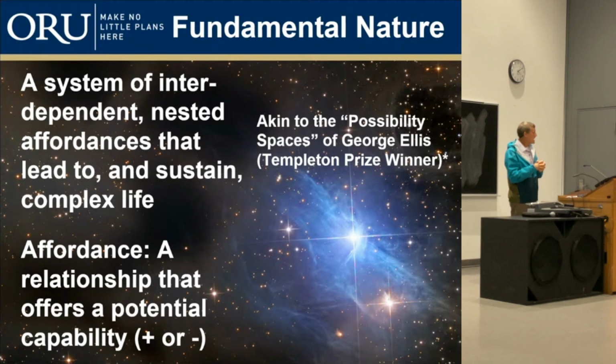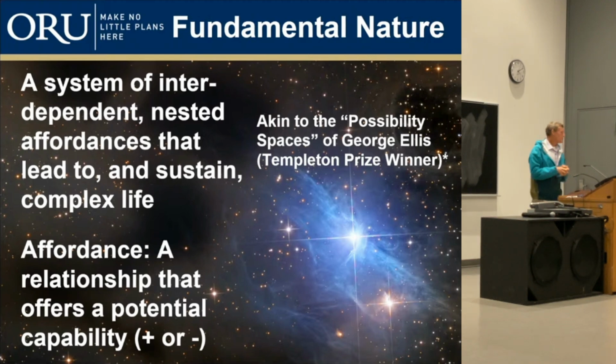And I see this as very much related to this idea of the universe being a system of interdependent nested affordances. That is, part-to-part relationships that lead ultimately to an agent being able to make a decision to gain possible situations or spaces to enter into.